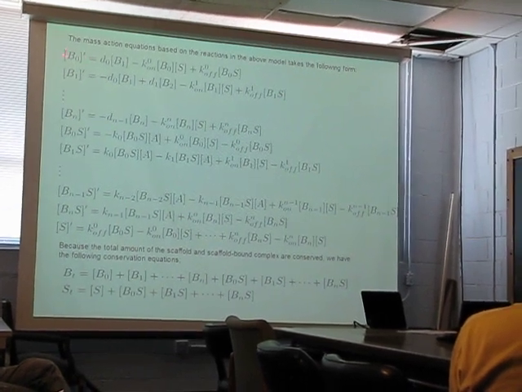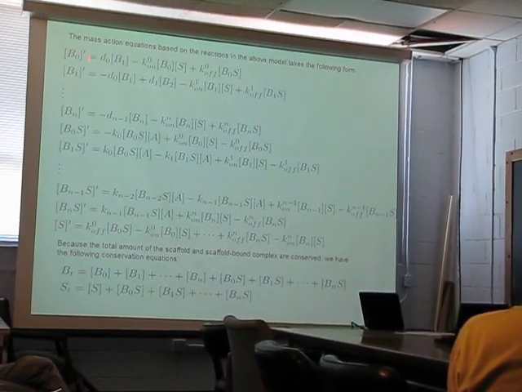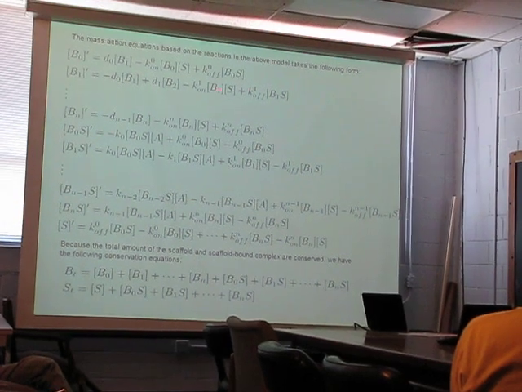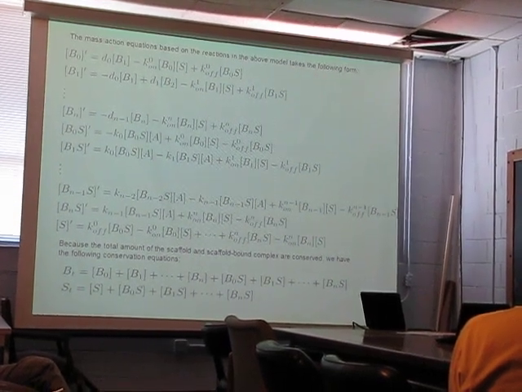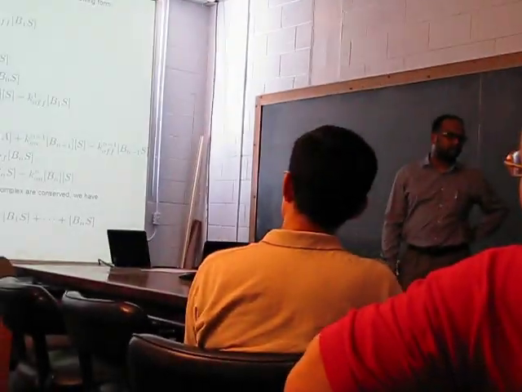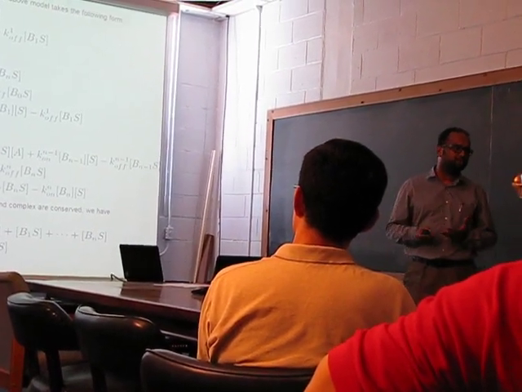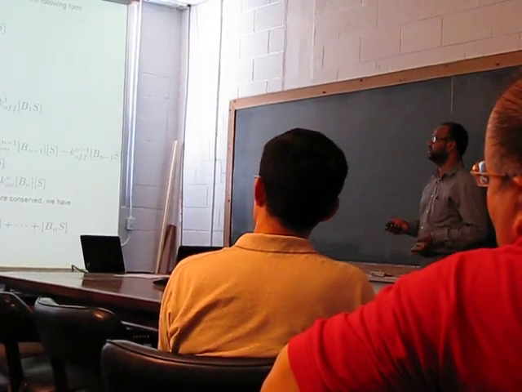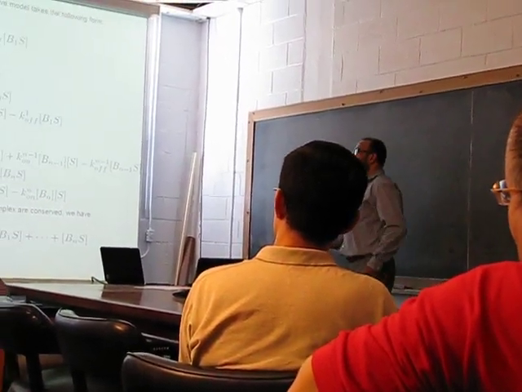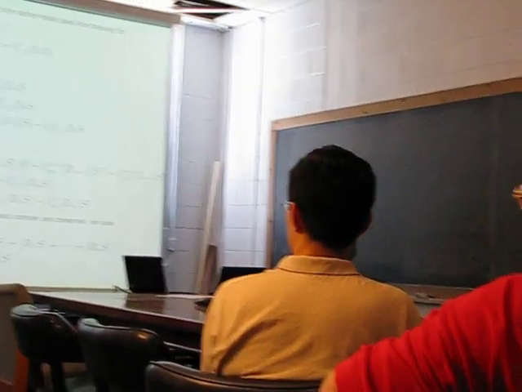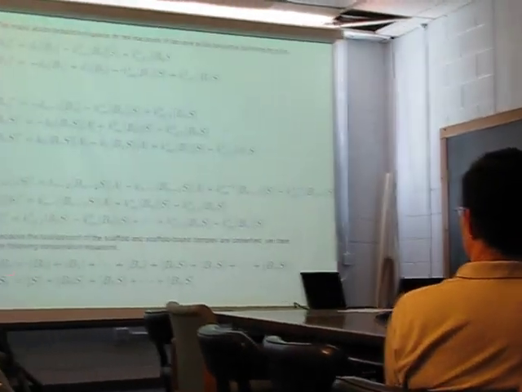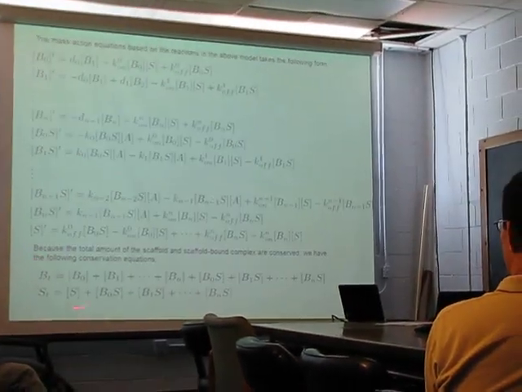These are, by the way, all the brackets, these are concentrations of the particular protein, and this can be easily modeled with the mass action principle. You can do the modeling with Michaelis-Menten as well, but we chose to do it by the mass action principle. Moreover, we assume the total amount of the protein and the total amount of the scaffold is conserved. This is called the conservation law.